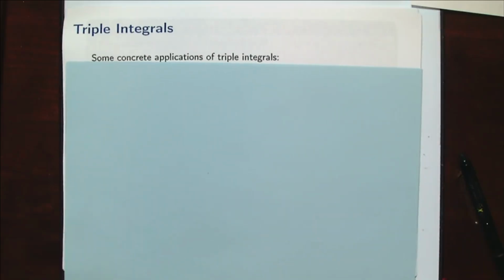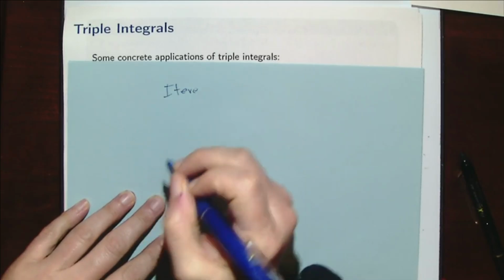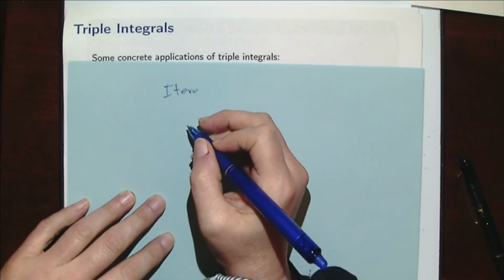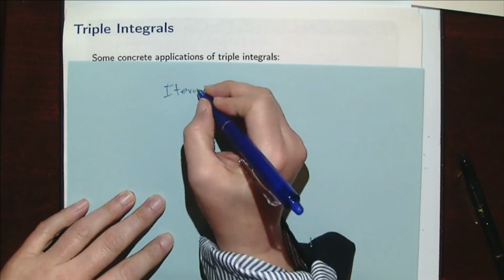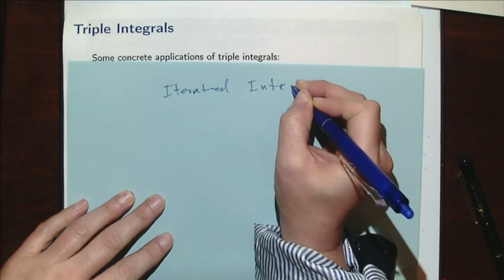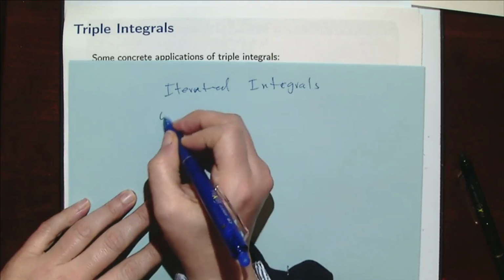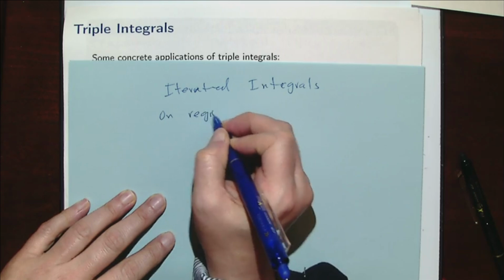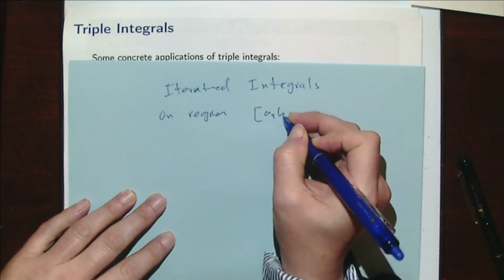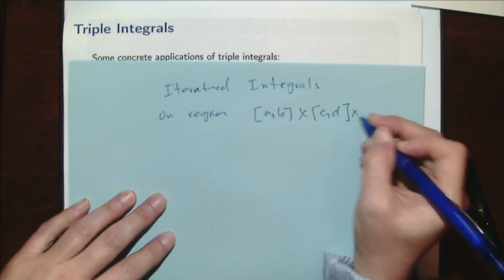So now, obviously, do I want to do a Riemann sum? No. What do I want to do? Iterated integrals. So, for example, on the region [a,b] cross [c,d] cross [r,s], do you guys know what this region looks like?